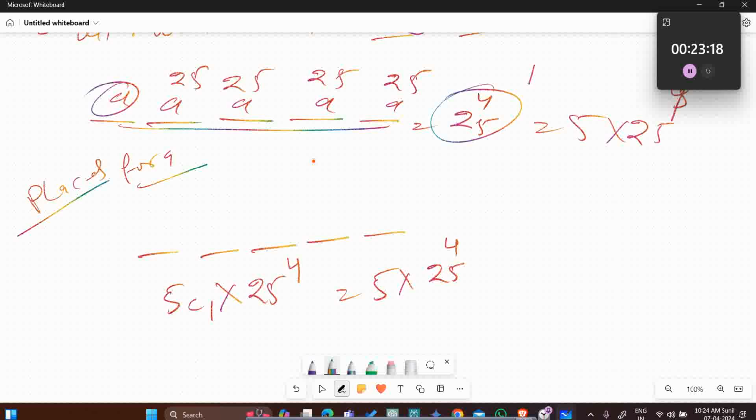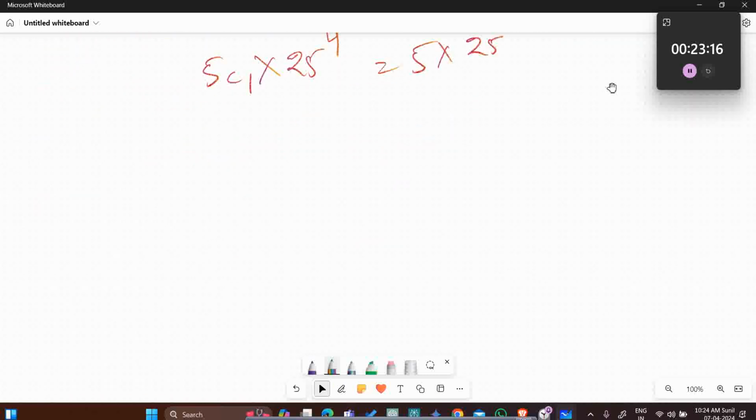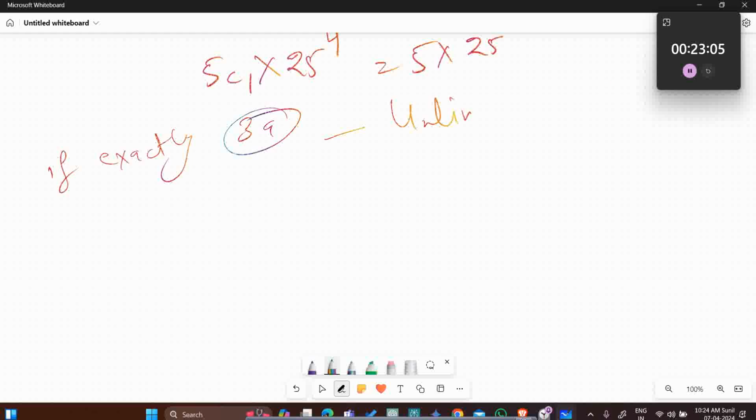Alright? But if we modify this question, exactly 3, and here is unlimited repetition, alright? Keep in mind here. So exactly 3 is like, there are 5 places. We have to put 3 of them.